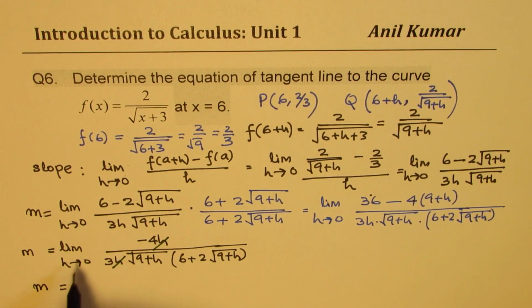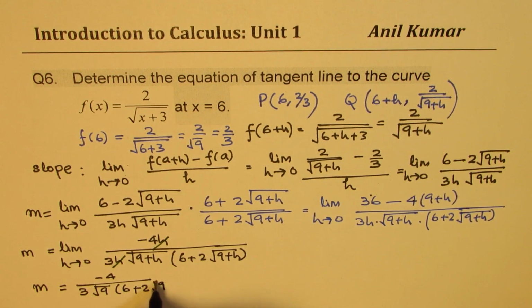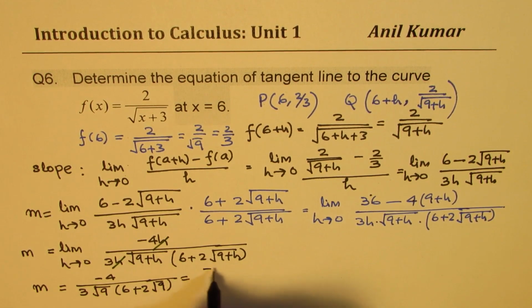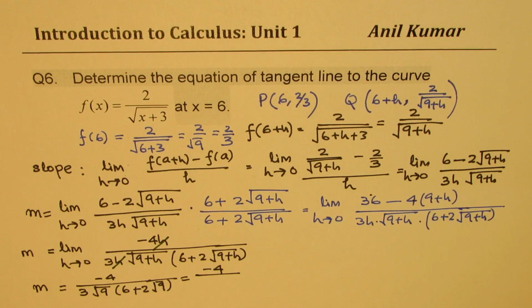Once you do that, then you can substitute the value of h and find the result, right? So the slope m, when you write 0 here for h, you get minus 4 over 3 square root 9, which is 3, times 6 plus 2 square root 9, correct? Which you get as minus 4 over, this is 3 times 3 is 9, and this is 6 plus 2 times 3, which is 12, right?